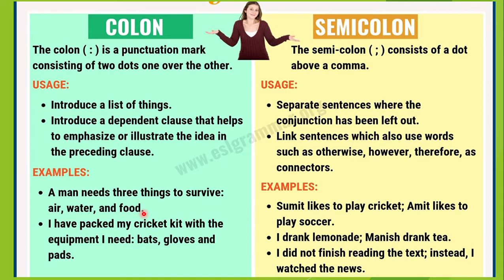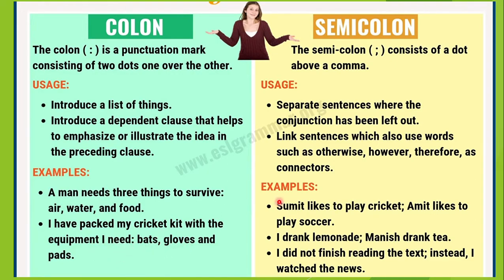So I'm going to make a list. I put a colon, okay? Now, here I have packed my cricket kit with the equipment I need: bats, gloves, and pads. Okay, so again, I'm listing things right here. That's where I put my colon.